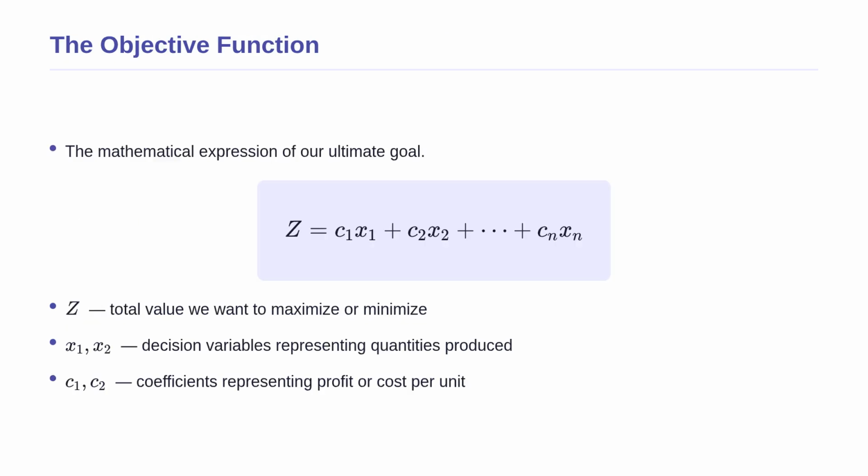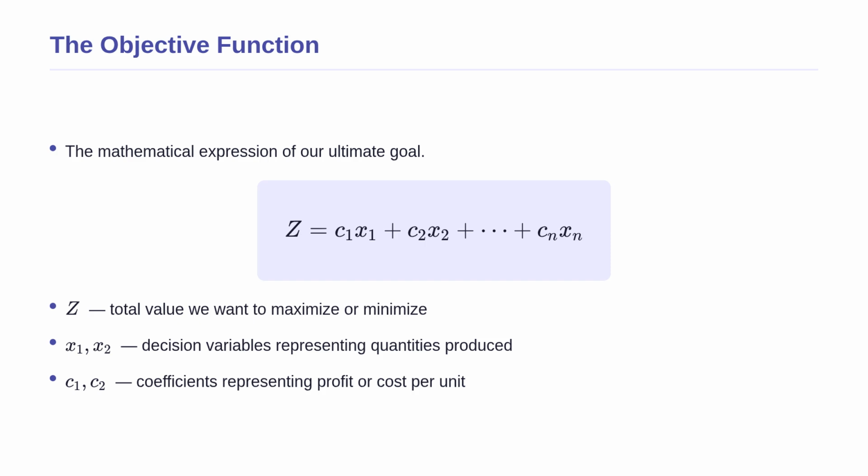Now that we know what a model is, let us look at its mathematical structure, starting with the objective function. Conceptually, this formula is the mathematical expression of our goal. The symbol Z represents the total value we want to maximize or minimize, like total profit. The symbols X1 and X2 are our decision variables, representing the quantities of items we decide to produce.